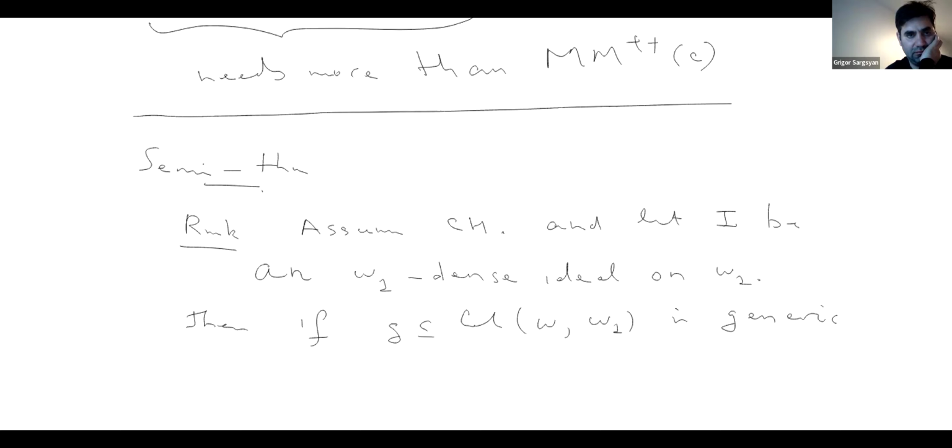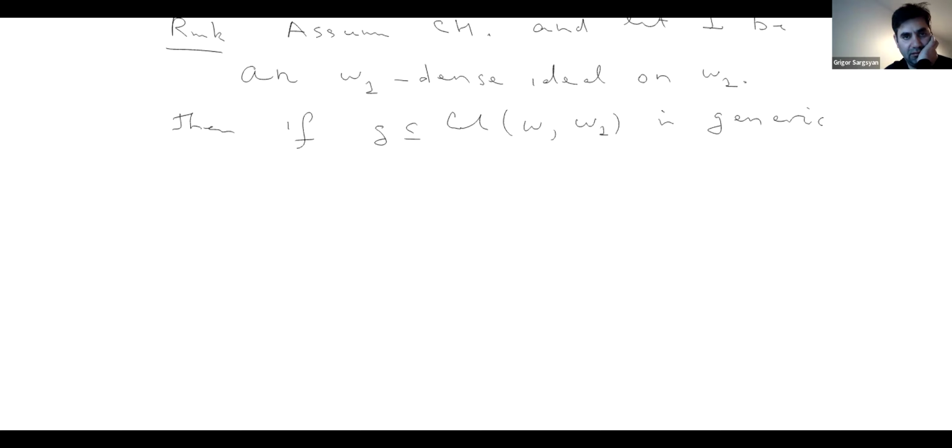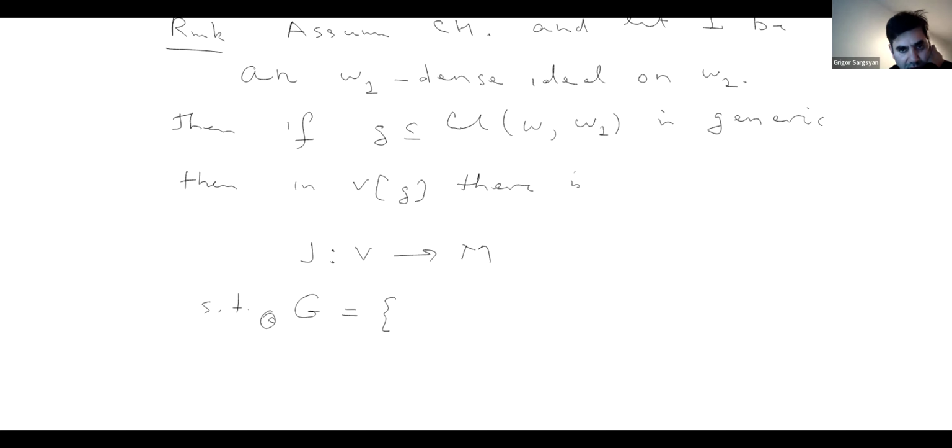Then in V[G] there is j from V into M, such that if you derive the ultrafilter, let's call this guy U, you look at the subsets A of omega 1, such that A is in V, of course, right?